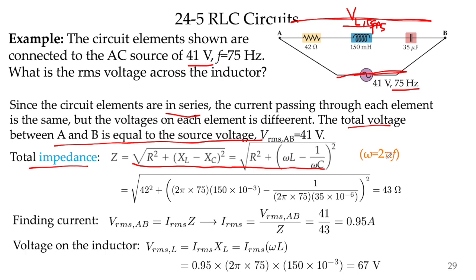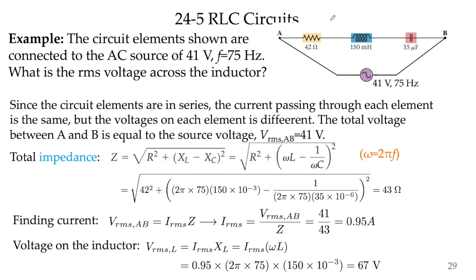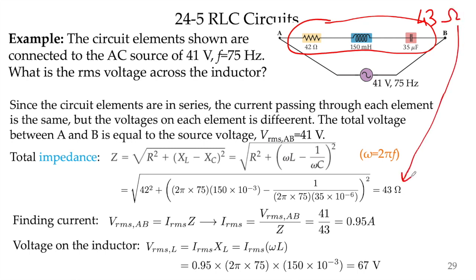Again, don't forget 2 pi f. What's given here is f, not omega. To find omega, you have to multiply it by 2 pi. Now, we know everything in this equation, so plug in all the numbers and calculate the impedance. It's impedance 43 ohms. So impedance basically means the effect of all of these is 43 ohms.